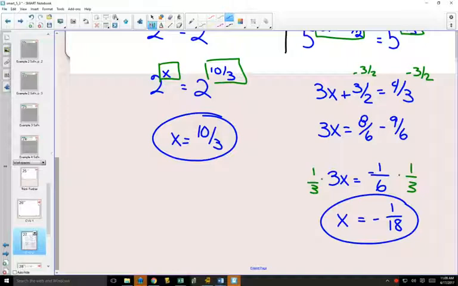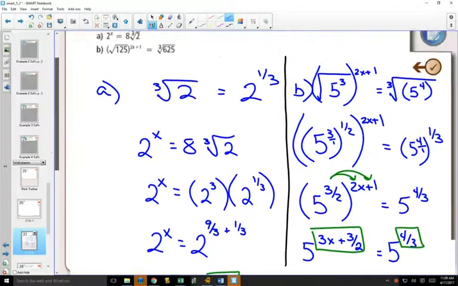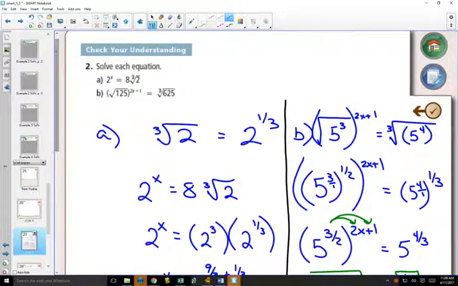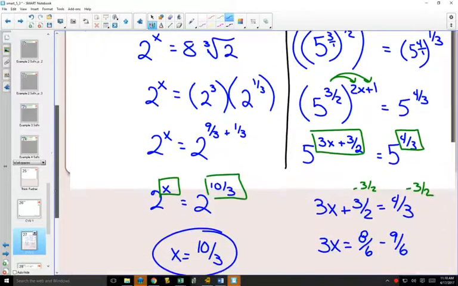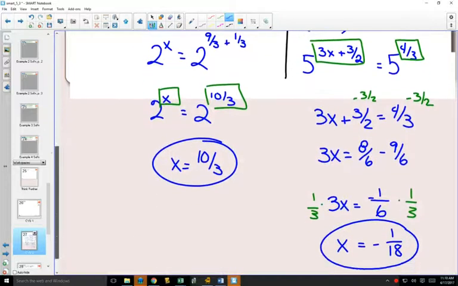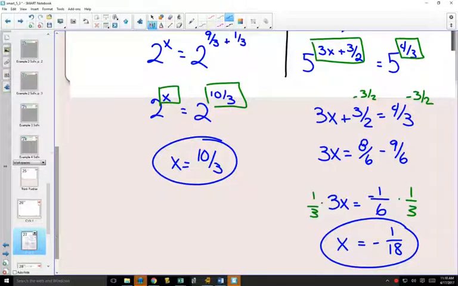And we're using the same method that we did in example 1, where we try to get both sides as a power with the same base. Once you've got a single power with the same base on both sides, you're able to say, since they're equal, the exponents have to be equal. And we showed that by drawing the green boxes in the equation.